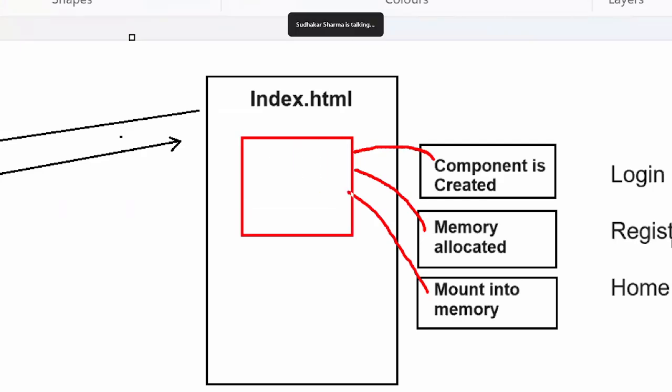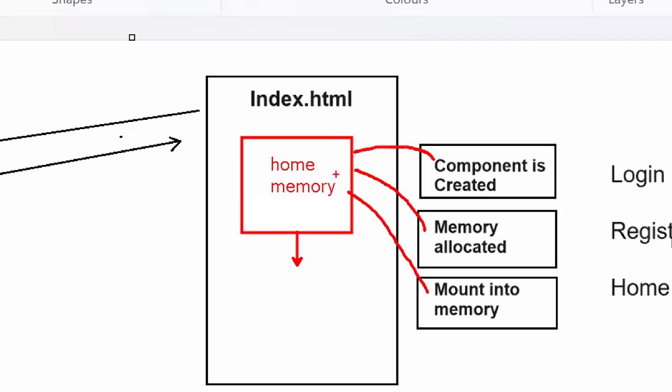Then the question is, when is this memory destroyed? When you close the application or when you move to another component. Say this is the home component, and from home you are moving to another component, login.